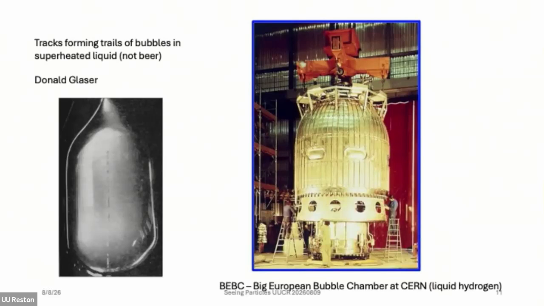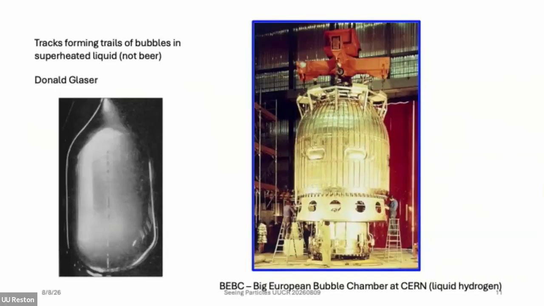But it, of course, enabled us to have a denser target for seeing particles and putting them in beams of particles. And the biggest one here was a big European bubble chamber at CERN, which is a huge thing of liquid hydrogen. So it's a liquid tank of hydrogen, and when I send a beam of particles through it, you suddenly expand it.